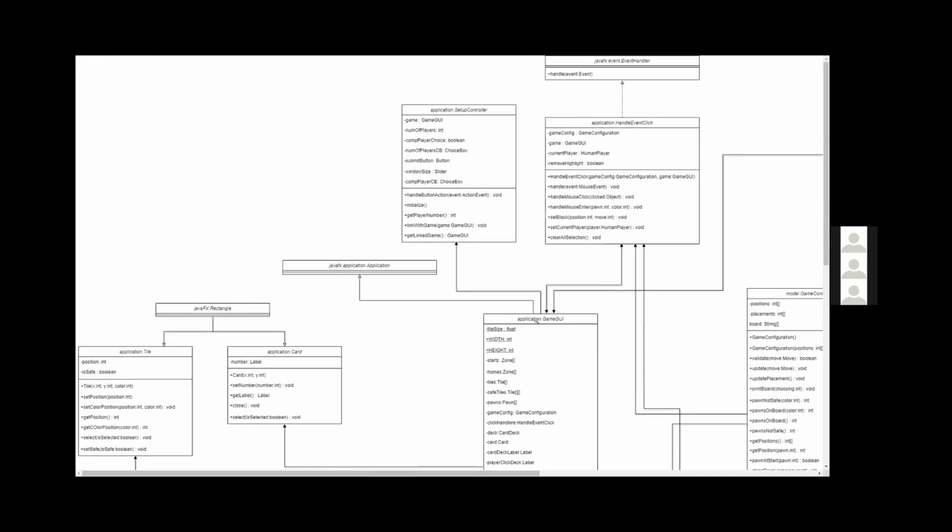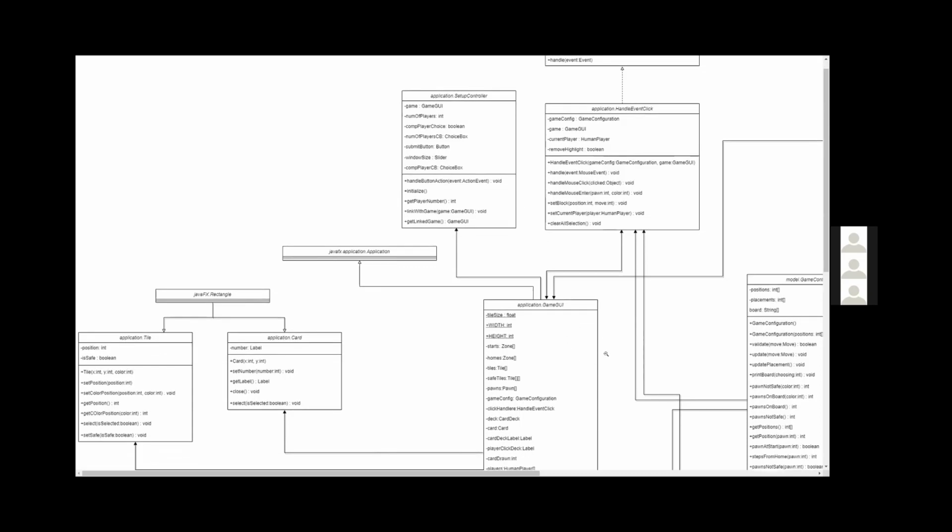And how does this tile size change? We have a new slider right here on the setup controller window size, which will determine the tile size that we will have for the game GUI.